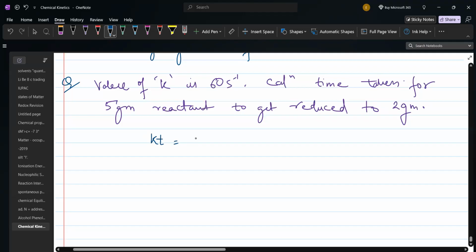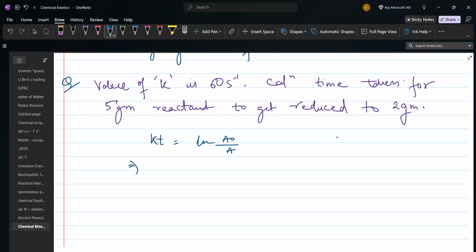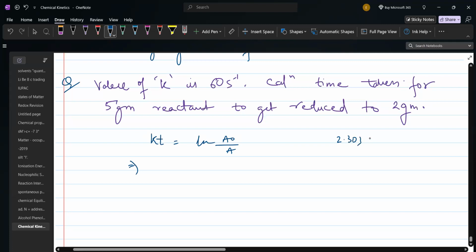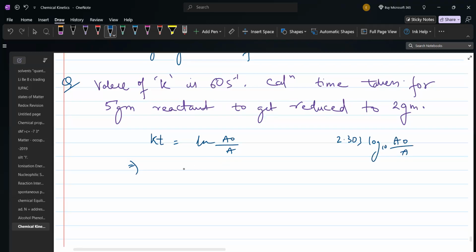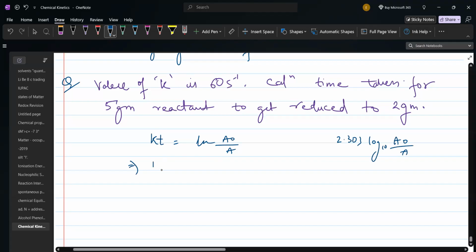So kt is given by the formula ln A naught upon A. The formula looks a little easy going. The other way to write it is 2.303 log base 10 of A naught upon A. This looks like a big formula, that is a smaller formula. The value of k is not given here, so we will put k only.